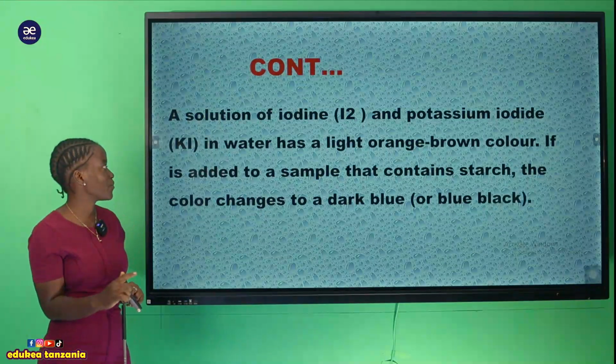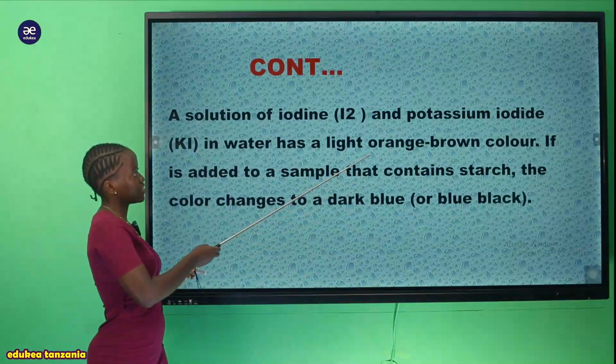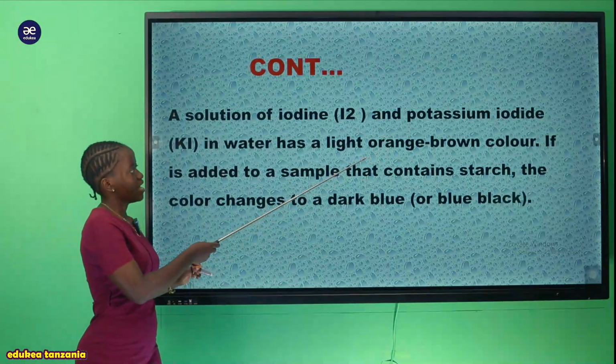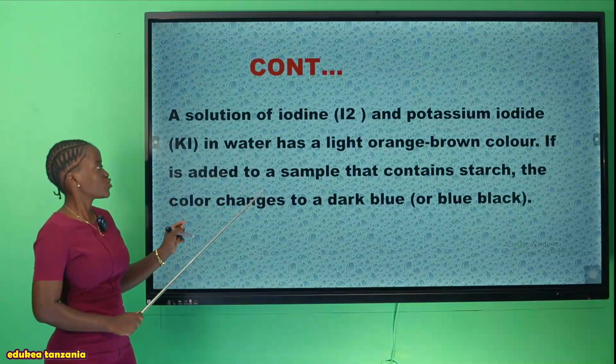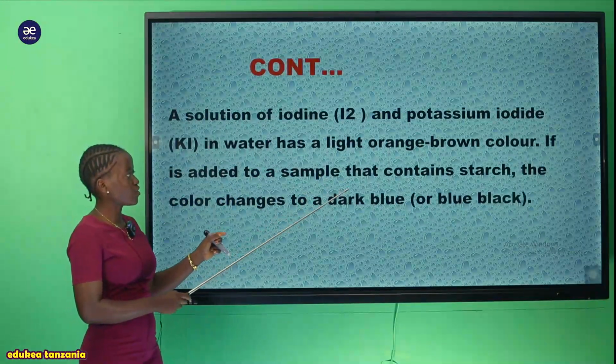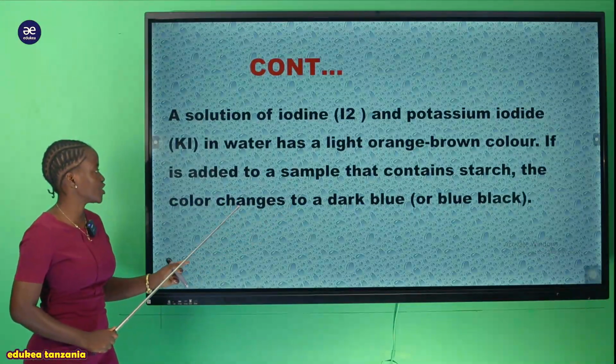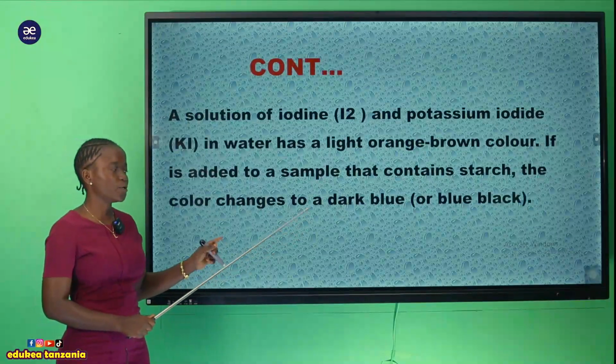Its appearance has this color, that is light orange brown. If it is added to a sample that contains starch, the color will change to dark blue or blue black.